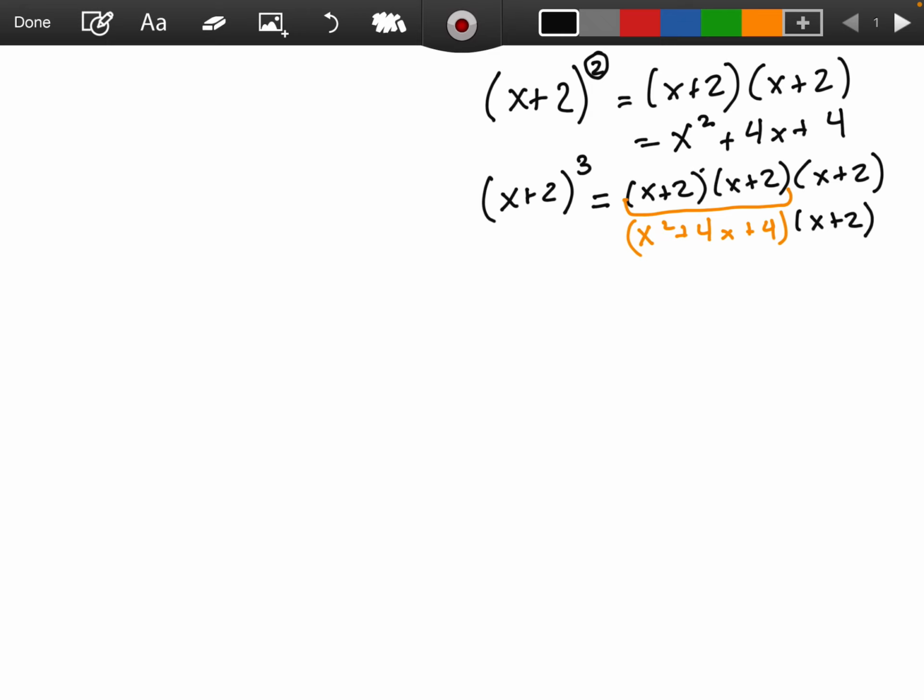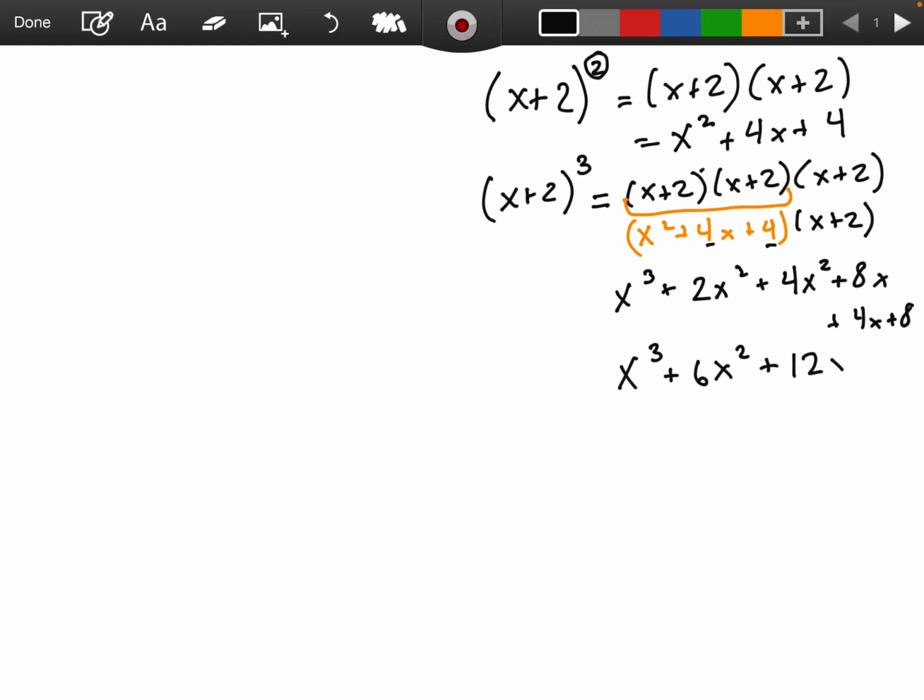So now we're at x cubed plus 2x squared plus 4x squared plus 8x. Now I'm on the last one, multiplying this times everything, so plus 4x plus 8. So we have x cubed plus 6x squared plus 12x plus 8.